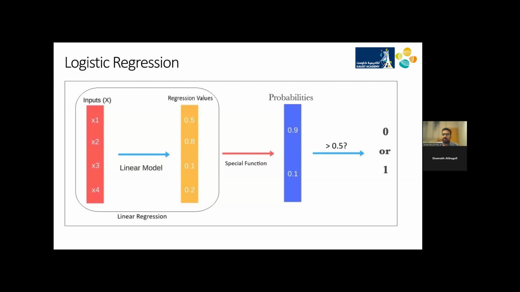And how we squash it? We do it using a special function. We will study it in a bit. But any questions so far? Do you get the basic idea of logistic regression and how classification would work? Yes. Perfect.